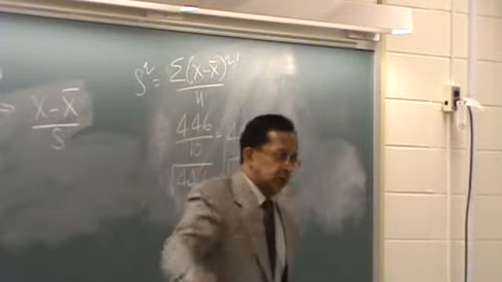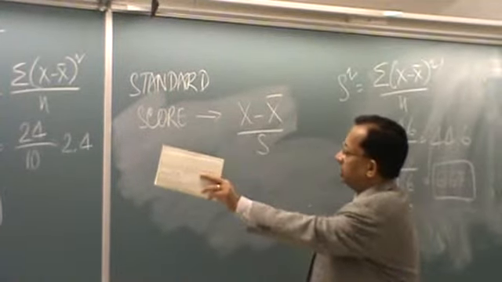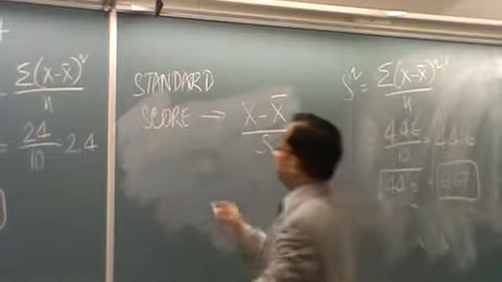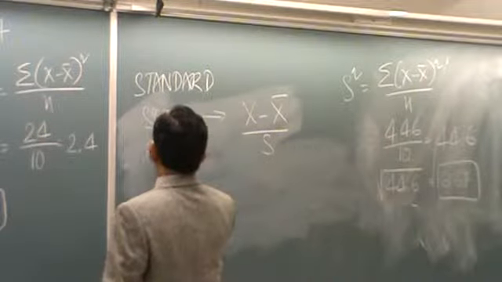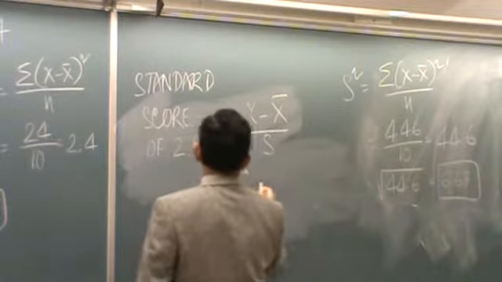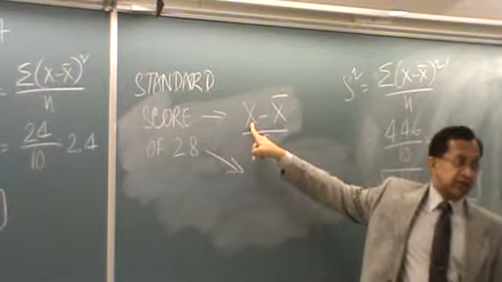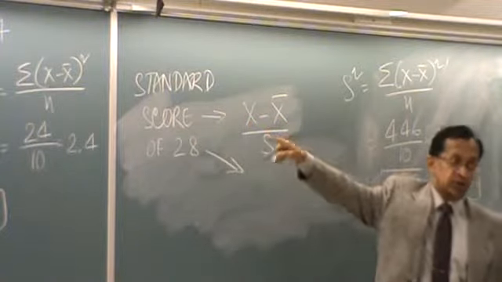So let's do that calculation. Let's say we are calculating the standard score of 28. So this is how we do it. This is the value. Remember this x, that's the value, the same x we are using.